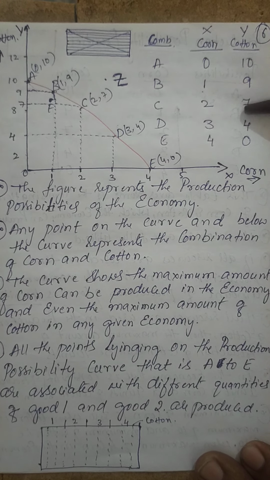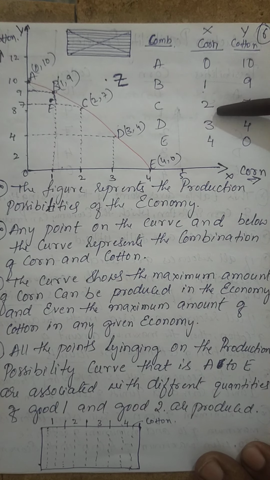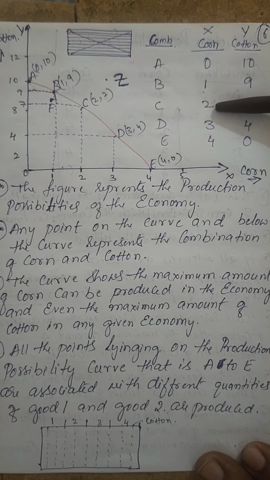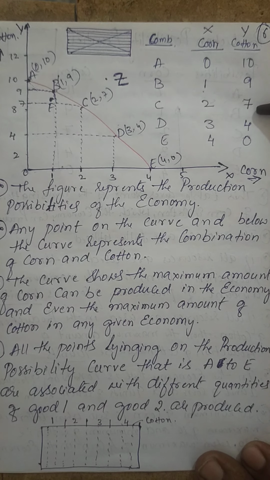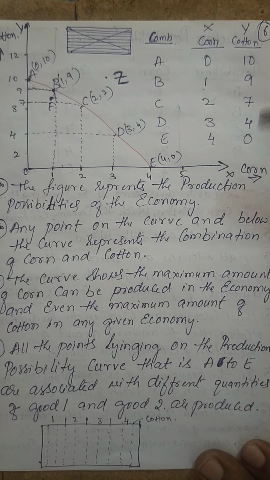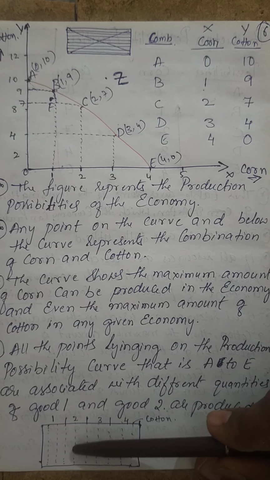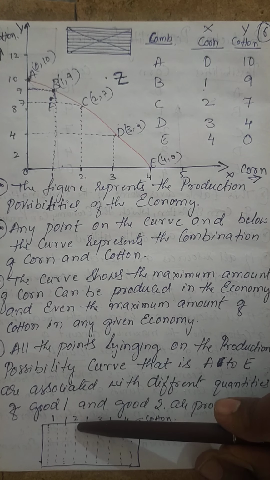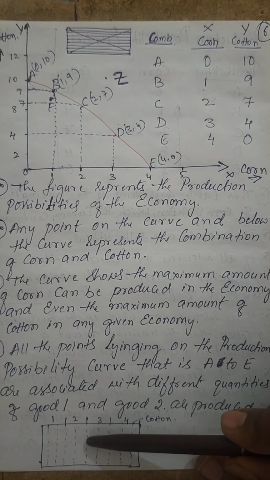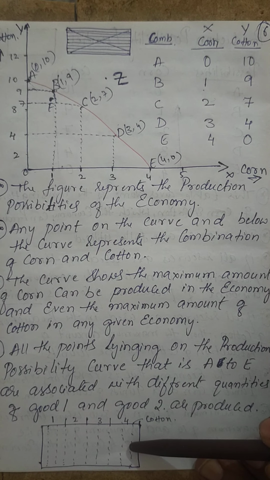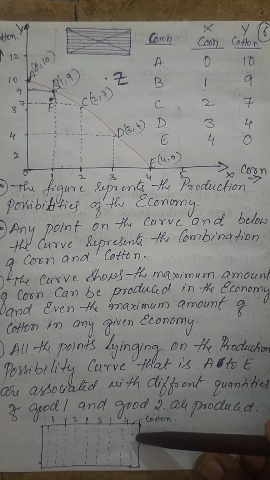Now the next production takes place: 2% of corn can be grown and 7% of cotton can be grown on the same land. So there is an increase in corn, whereas there is a decrease in cotton. This decrease, a better term we use, is the sacrificing nature.